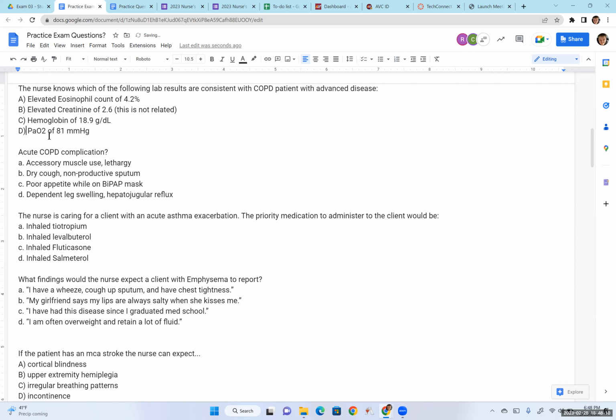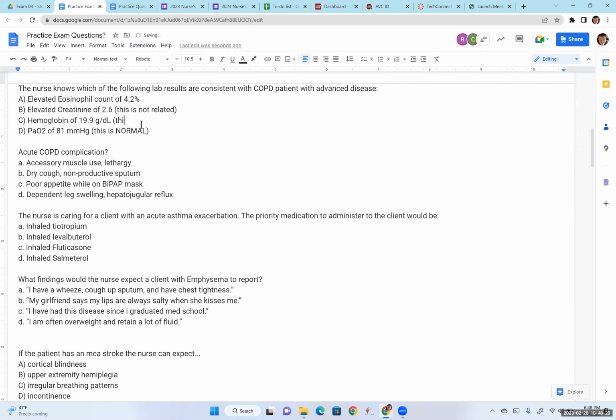PO2 of 81, you have to know that. Is that good or bad? Is that related? Right, this is normal. What about 18.9? Let's make it 19.9, make it obvious.